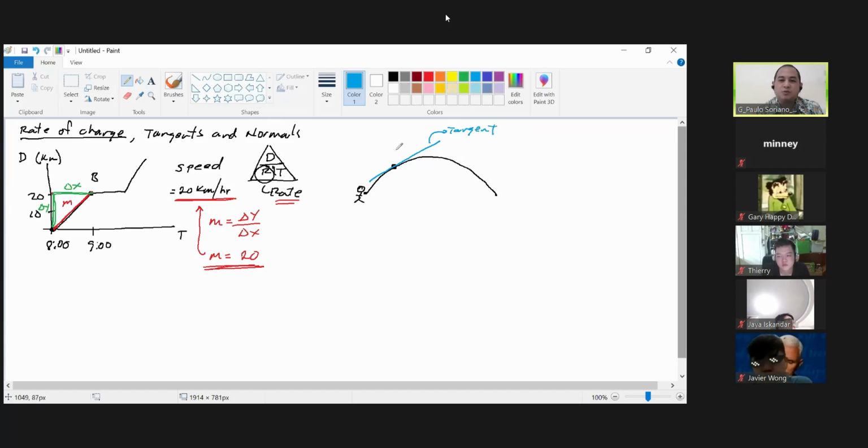If you find the gradient of this tangent, then you can find the speed. It's vice versa: if there is a speed, then there is a gradient. If you can find a tangent, then you can find the speed.